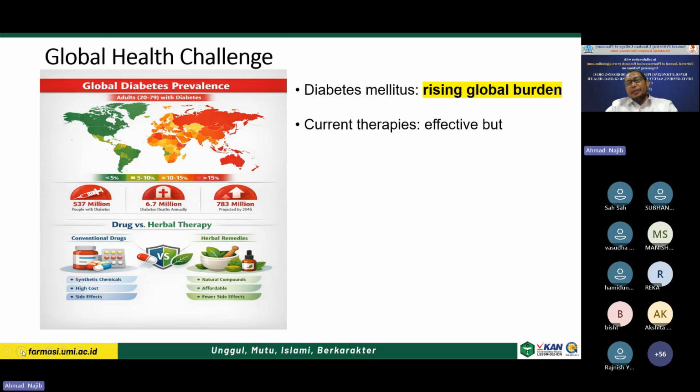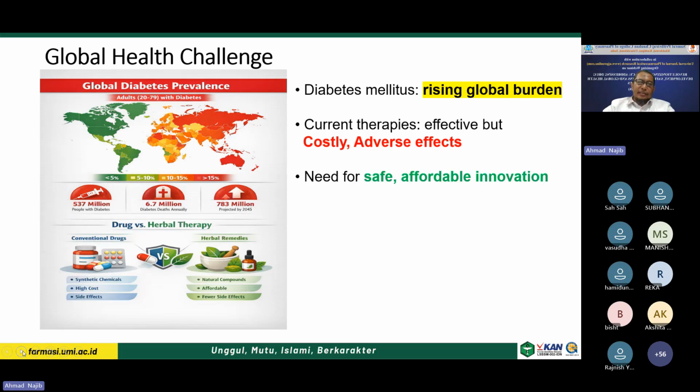Current therapy is effective, but costly and has adverse effects. So we can get safe, affordable, and more innovative drugs or therapy from research innovation.